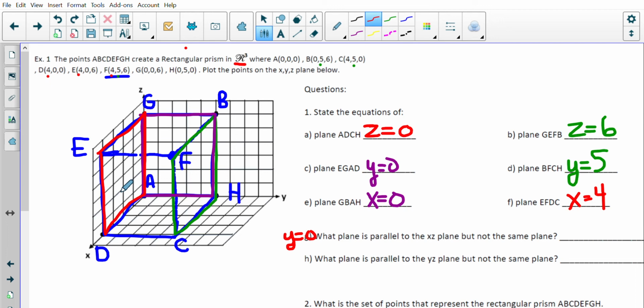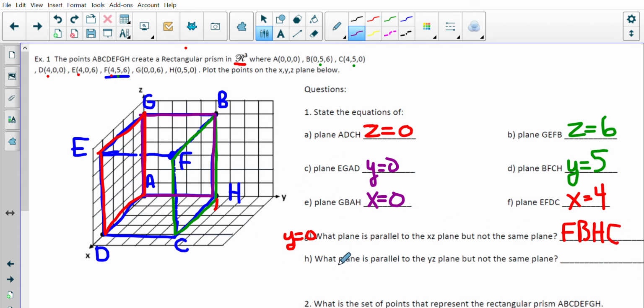And so a plane that would be parallel to it, but not the same, would be the green wall, right? Would be the other wall. We have the red wall, which is the XZ plane, and the green wall here that I have is parallel to it. And so I would say it's the FBHC plane.